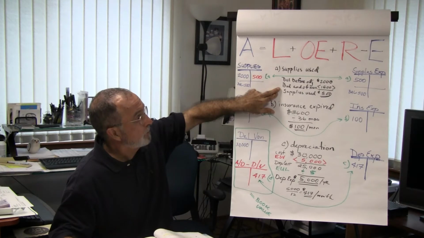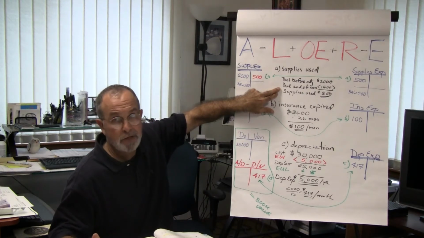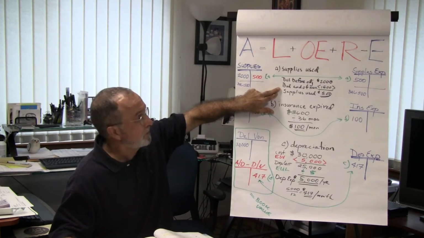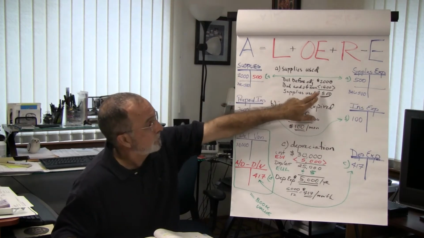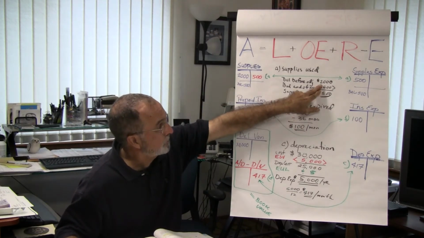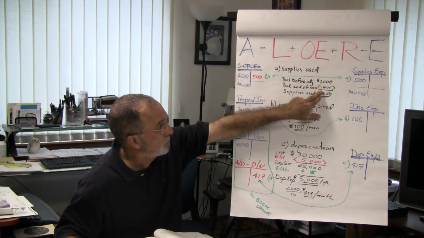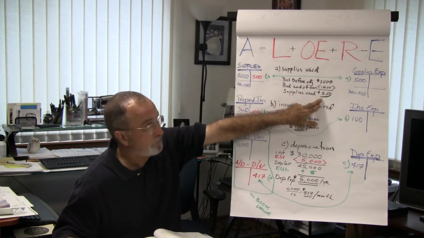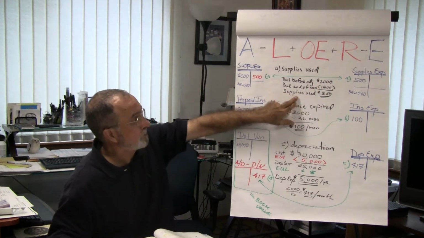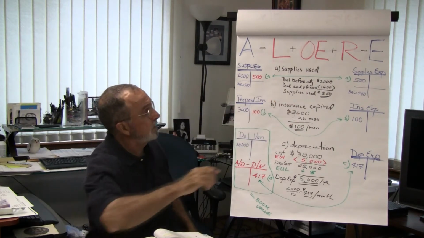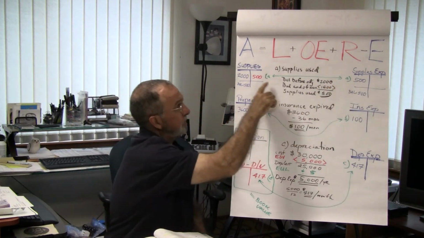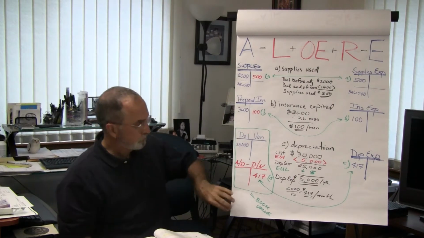We find that our supplies balance at the end of the month is $1,500. And so we subtract that balance from what we started out with at the beginning of the month, and we get $500 of supplies used for the month. And the $500 is our adjustment for supplies used.